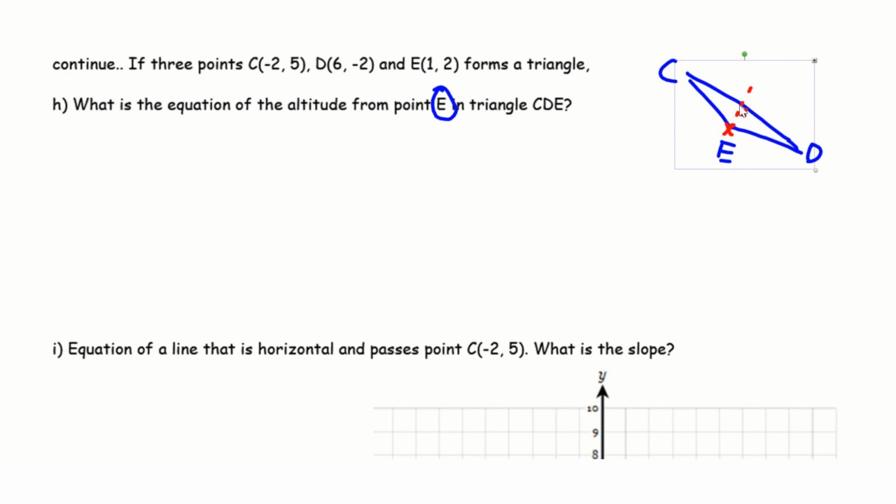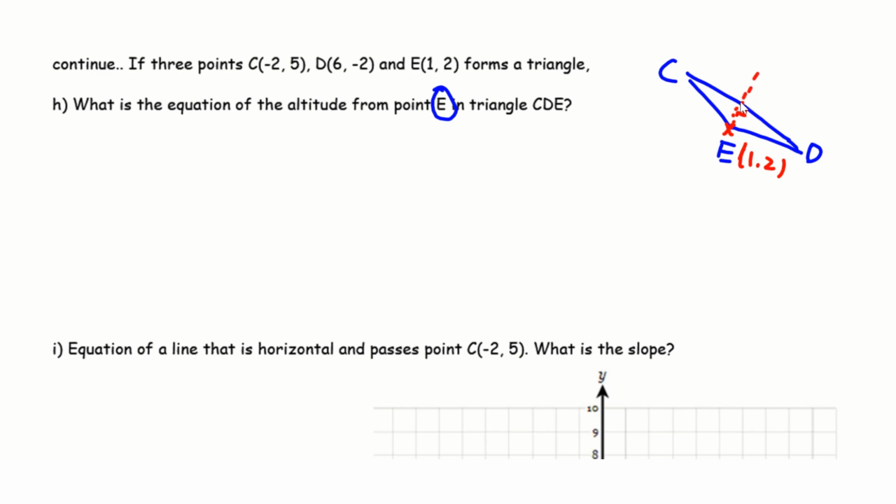And this point may not be the midpoint, so we couldn't use a midpoint. Again, the midpoint gives you the median. Sorry, E is (1, 2). It's not the midpoint, okay? So we have a point on this altitude already.